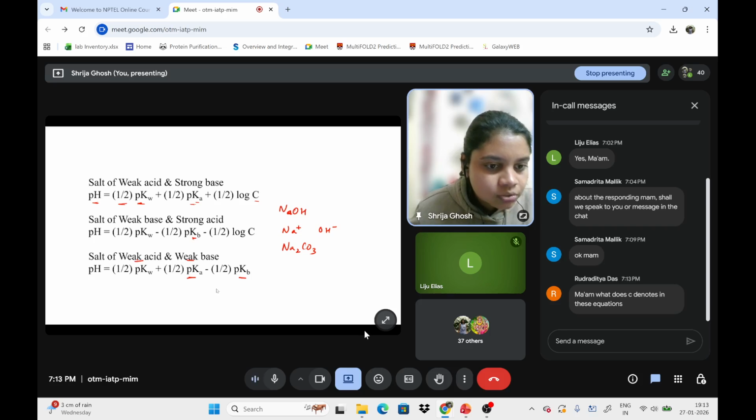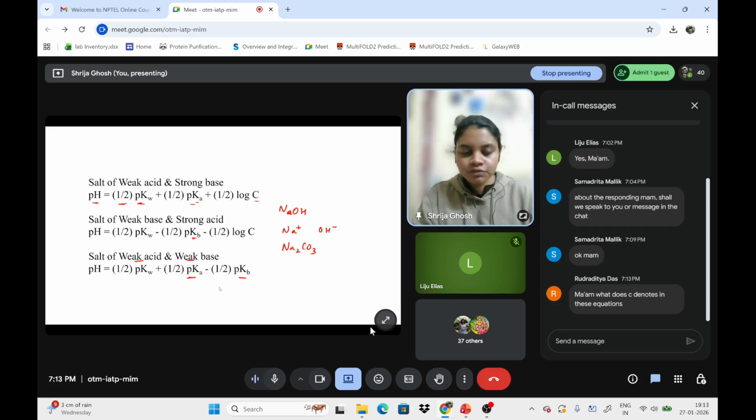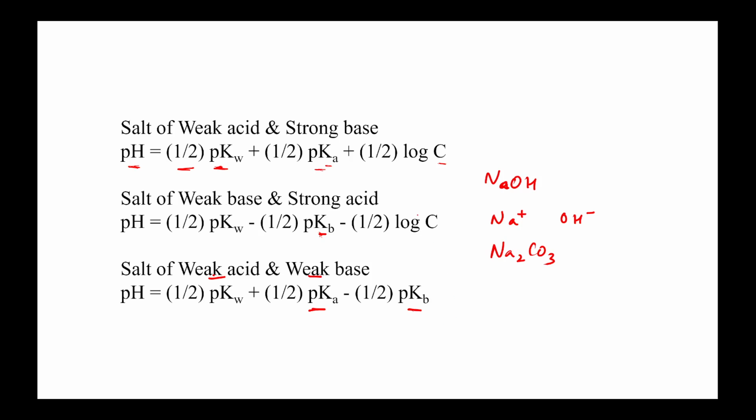What does C denote in these? C is the concentration of the salt. Let's take this example. Na2CO3 is a salt.